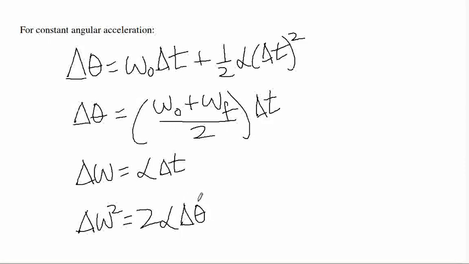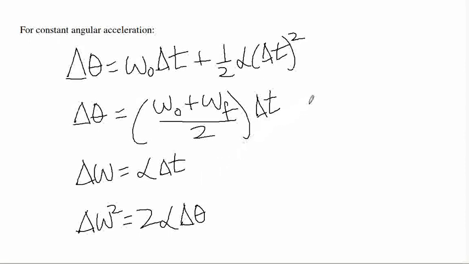Okay, let's be clear. Theta is the polar coordinate angle variable. Omega naught, or omega sub 0, and omega sub f represent the initial and final angular velocities. Alpha represents the angular acceleration, and t represents time.